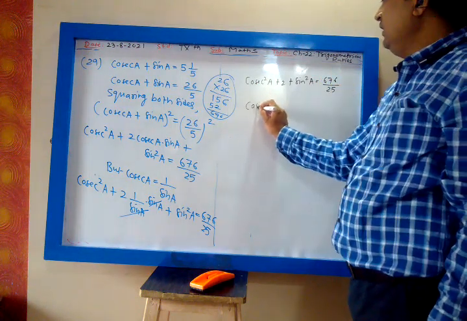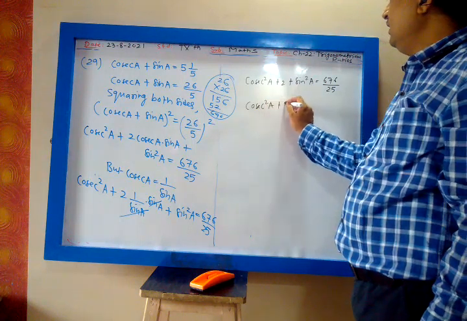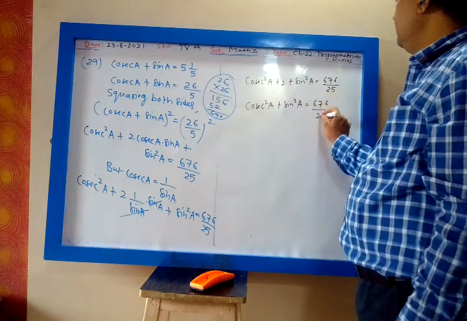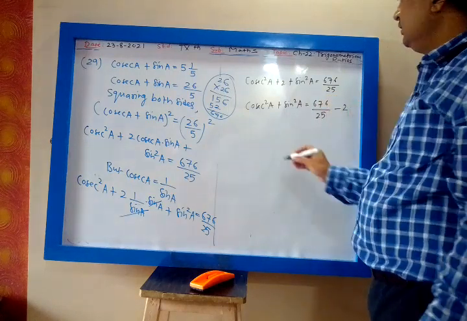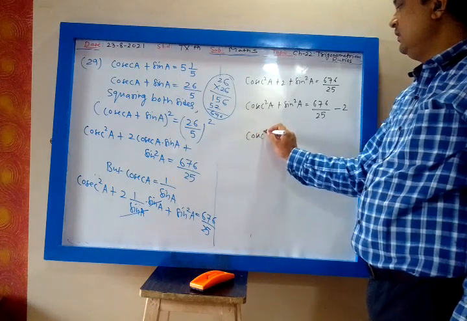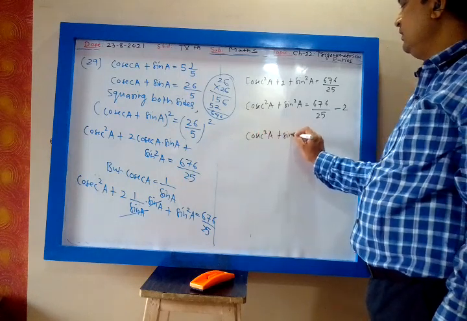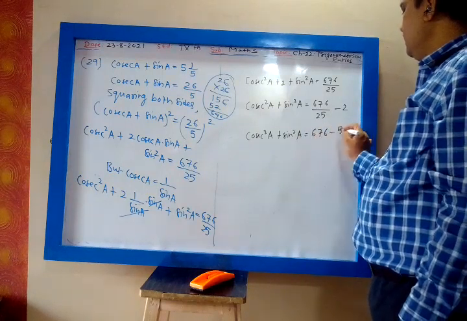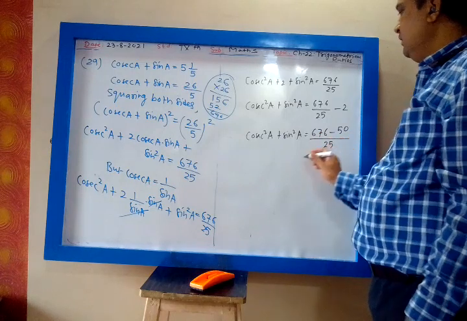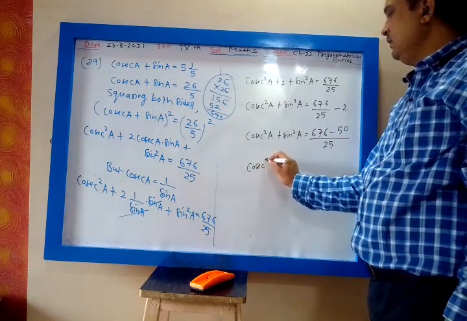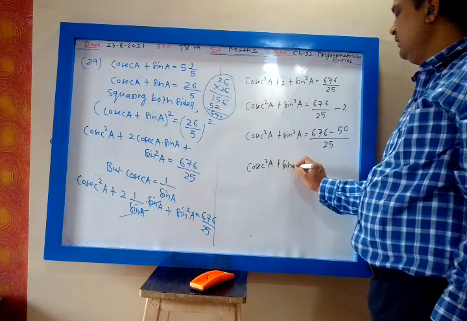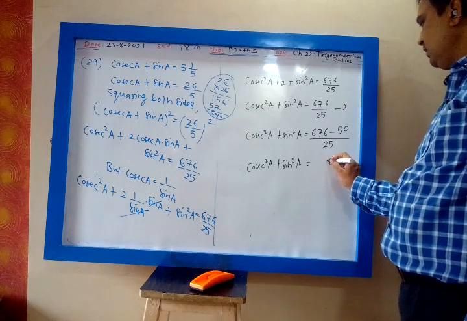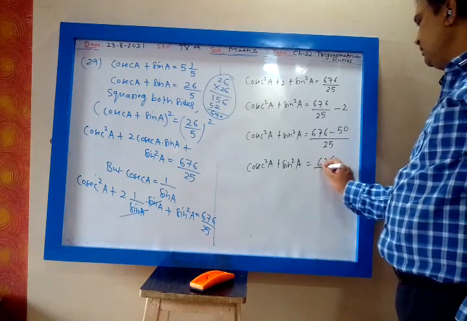So cosec square A plus sin square A is 676 upon 25 minus 2, which is 676 minus 50 upon 25. So cosec square A plus sin square A is equal to 626 upon 25.